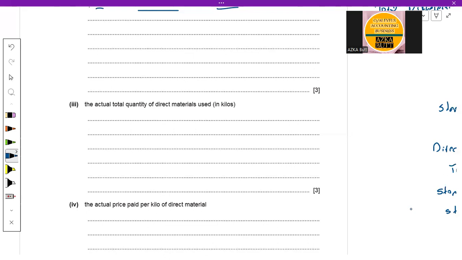So now we are going to calculate the standard quantity of material. Standard quantity of material is the amount of materials that should have been used for actual production of 11,000 units based on the standard usage rate.